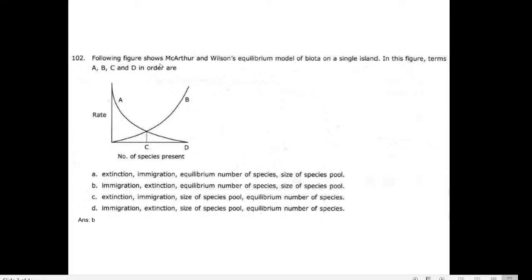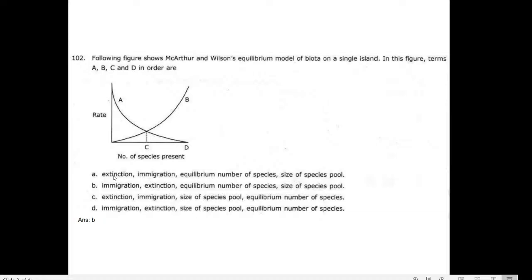The following figure shows the MacArthur and Wilson equilibrium model of biota on a single island. In this figure, the terms A, B, C, D are to be identified. Before I get into the graph interpretation, we want to know the terms.